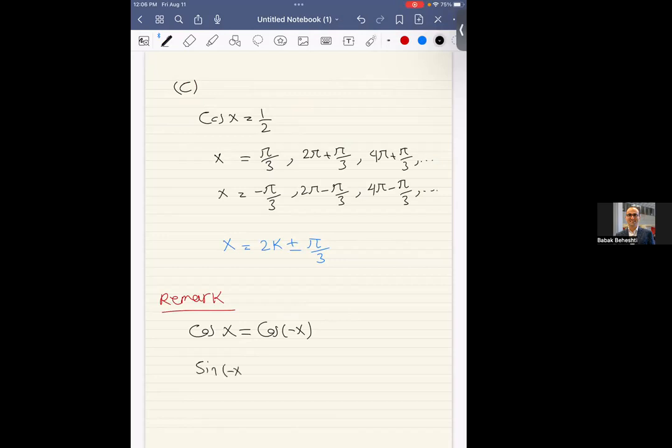Sine of minus x is equal to minus sine of x. So cosine of minus x is equal to cosine of x. It's the same equation. But sine of minus x is minus times sine x.